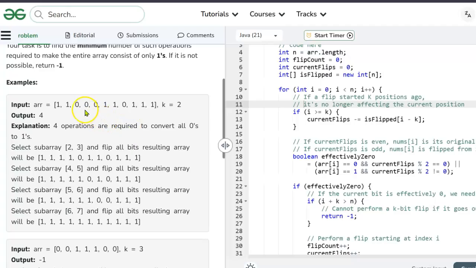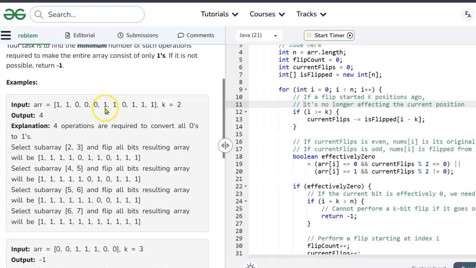So it looks like what they're going to do is flip these first two zeros. And so then we would have 4 ones at the beginning, right? 2, 3. The next thing they're going to flip is this 0 and this 1. So then we're going to have 5 ones. This is going to be a 0. The next thing they're going to do is flip these two.